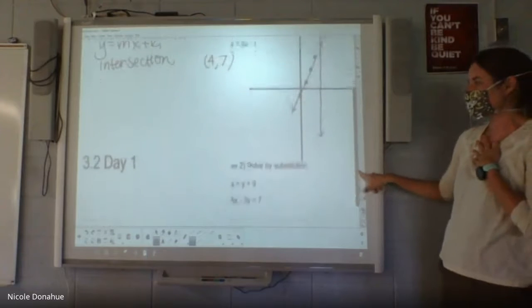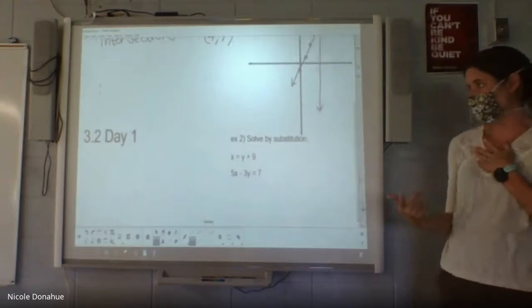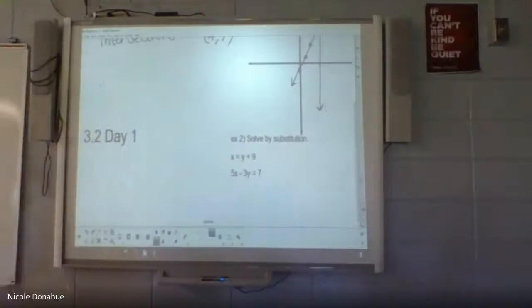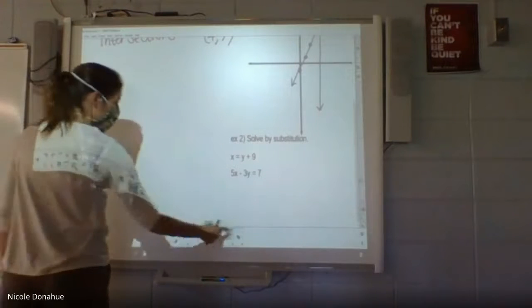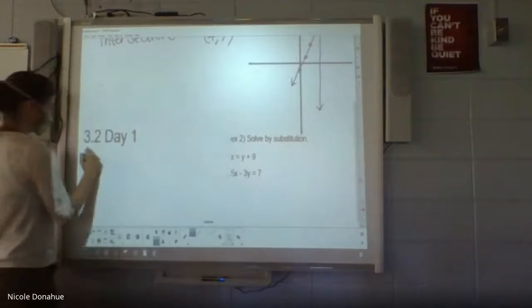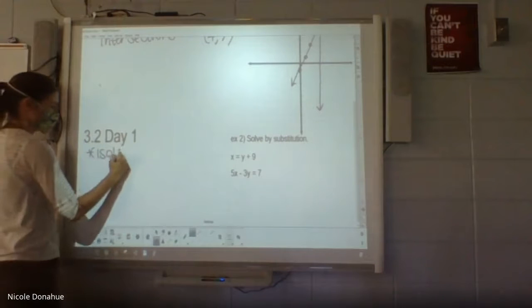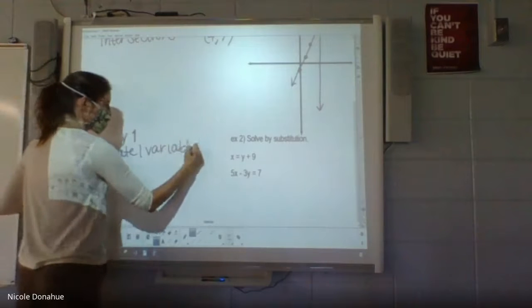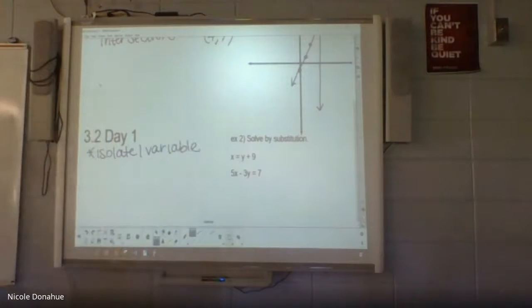The next day we solved systems by substitution. And remember with substitution, you want to isolate one variable. So if you look at this example 2, x is already isolated for us, so we're ready to substitute that.